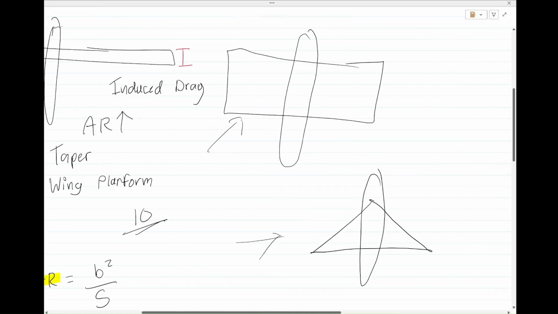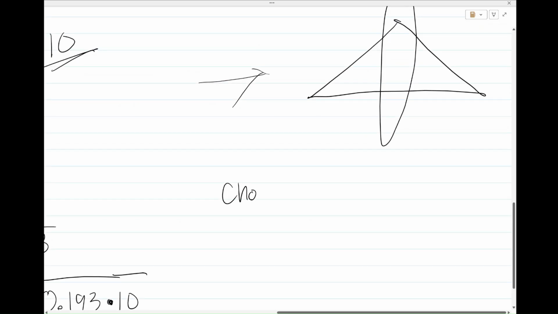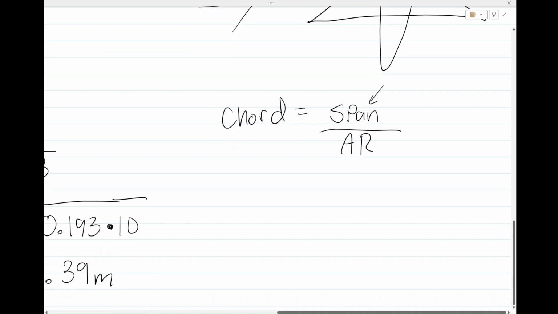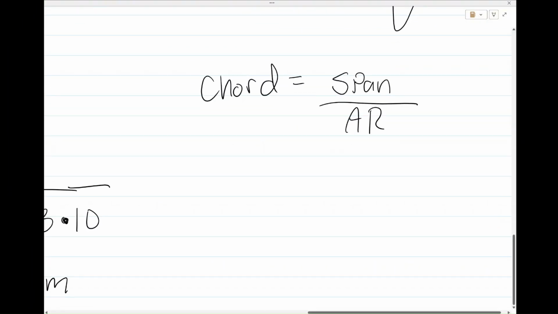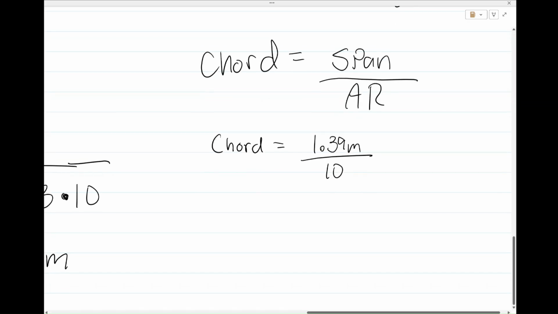Can I have an empty piece on my paper? Right there. Chord equals span over aspect ratio. Why did I decide to lowercase this? Who knows? Sorry about that. Anyways, where were we? Chord, span, aspect ratio. Right. I am now calculating for the chord. This is a calculated parameter. So I can just put in my span, 1.39 meters, and my aspect ratio, which I chose to be 10.